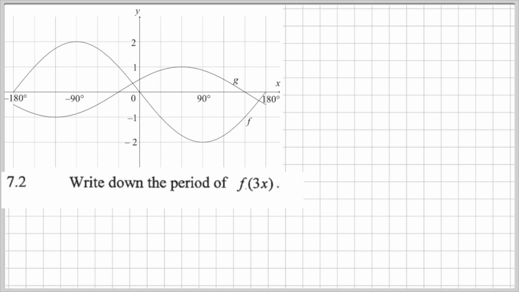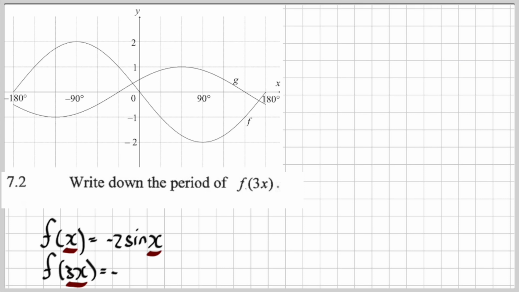Now, I'm not going to take any chances. I am going to substitute that 3x in. So taking f of x and substituting x with 3x, meaning every single x I've got to replace with 3x. Let's take this new equation, negative 2 sine of 3x.